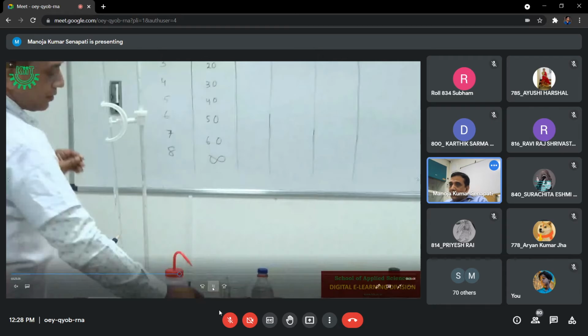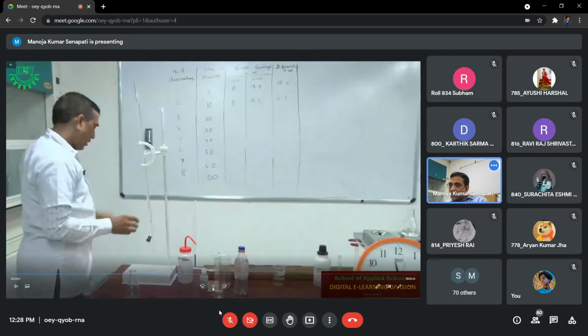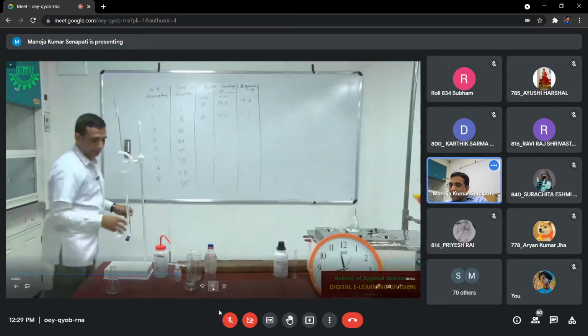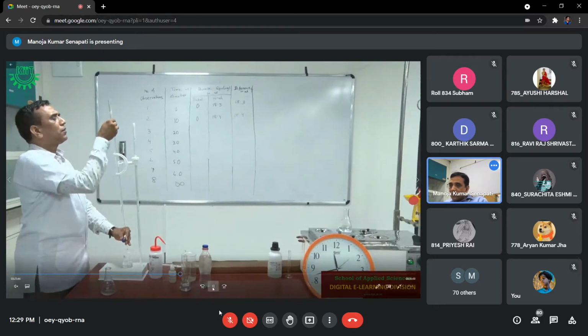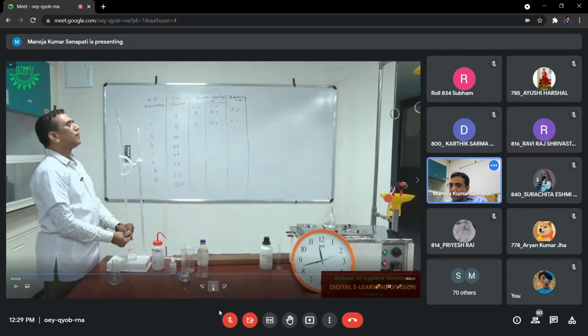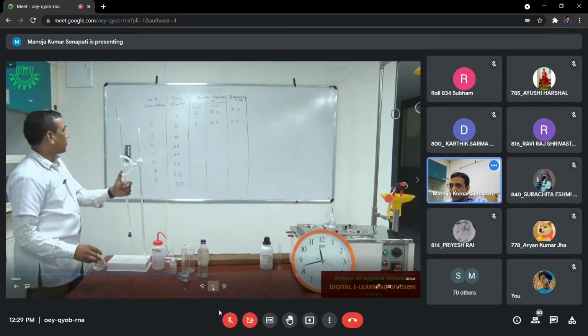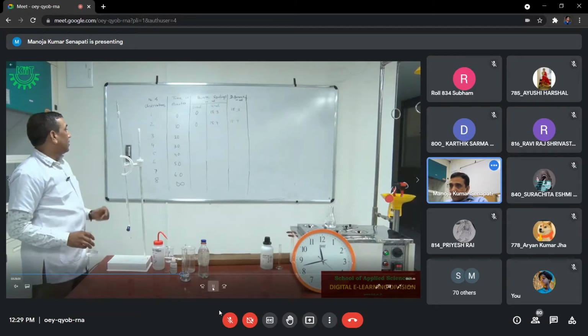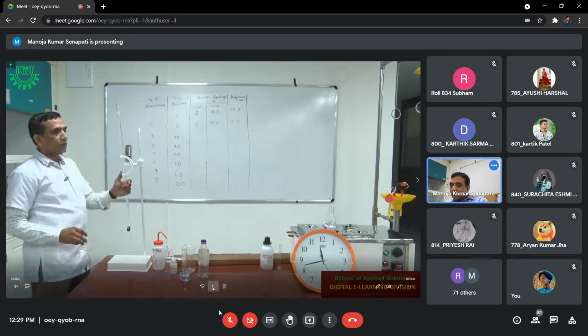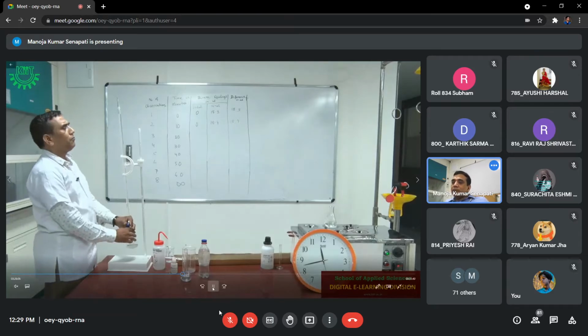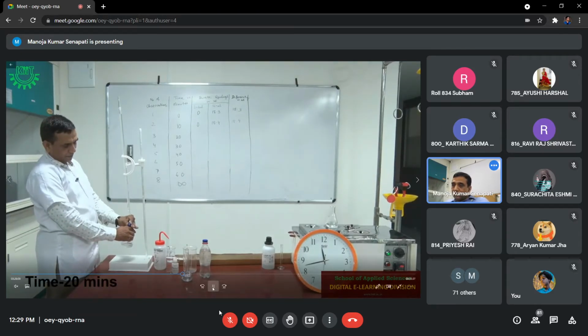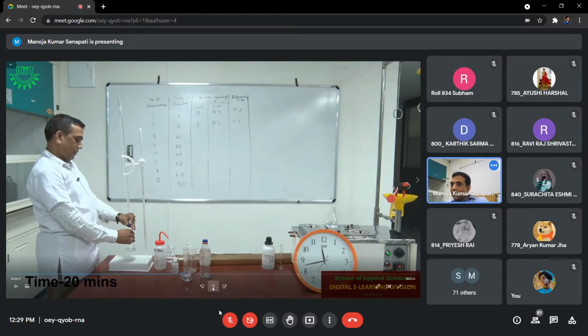And again you take this observation from 0, and carry out the titration. This observation you are going to take at 20 minutes.